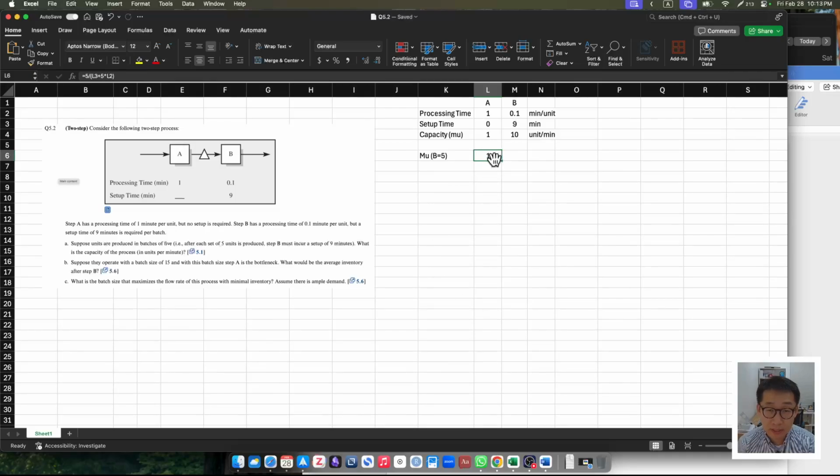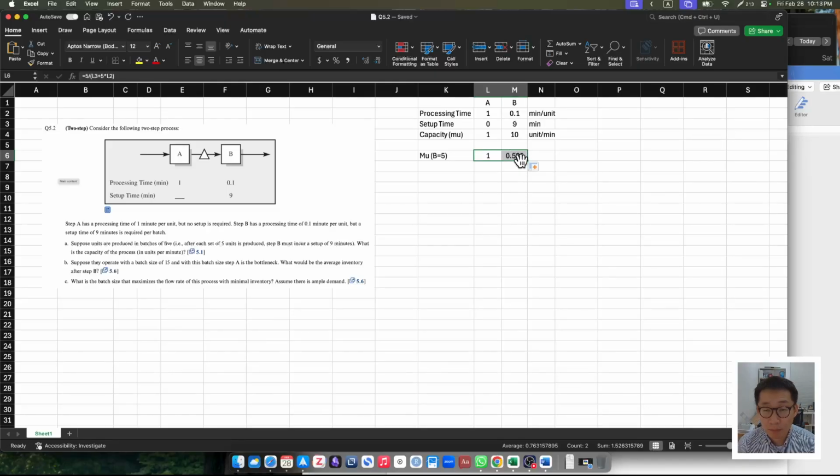This is the same as the capacity here because A does not have a setup time, so the calculation for A is actually a lot simpler. The capacity determination for A is a lot simpler than that of B because the setup time can potentially change things.